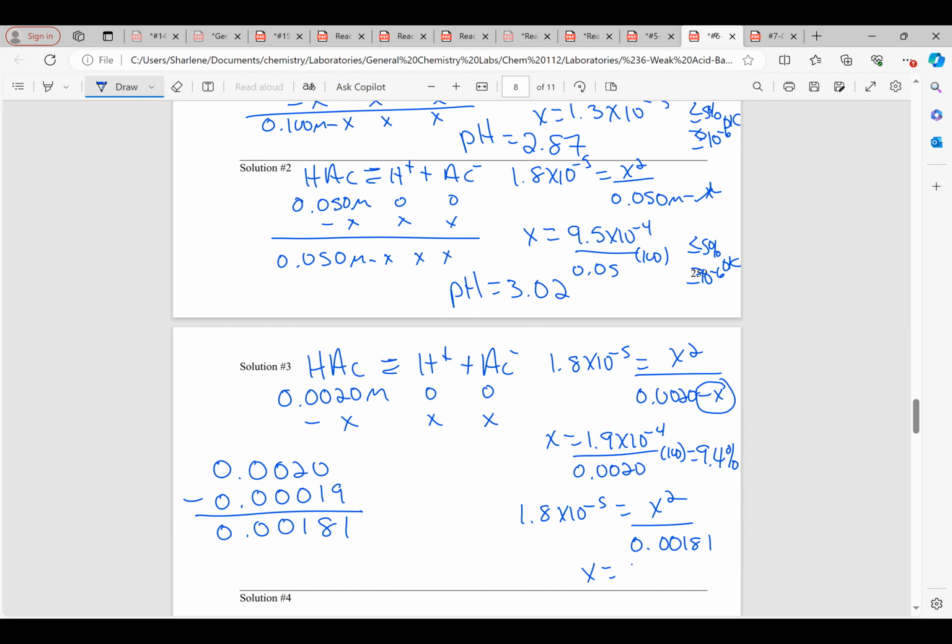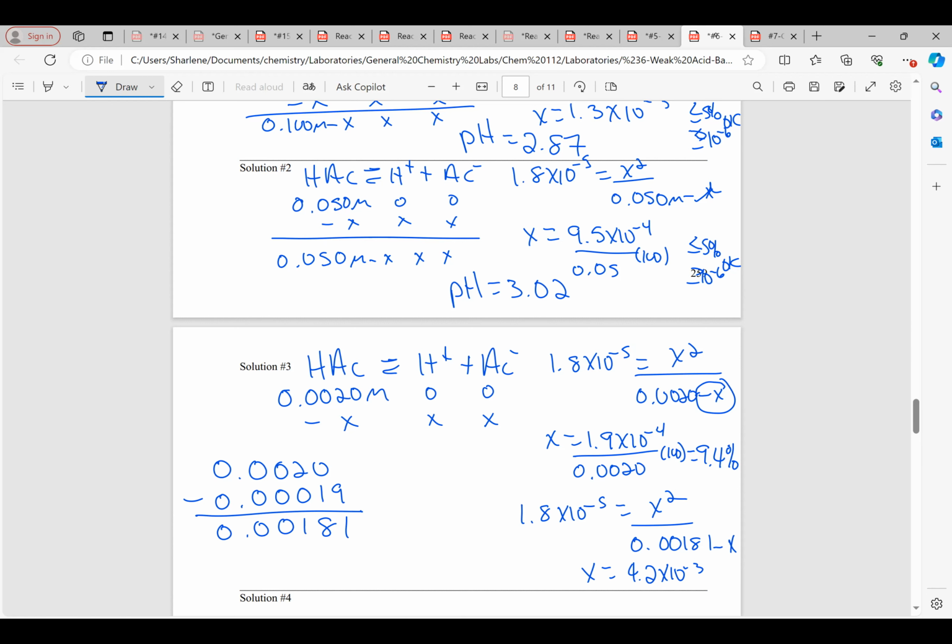Is 4.2 times 10 to the minus third. Okay. Gonna see if my little assumption was valid again. Divide it by the 0.00181. And that was a flop.